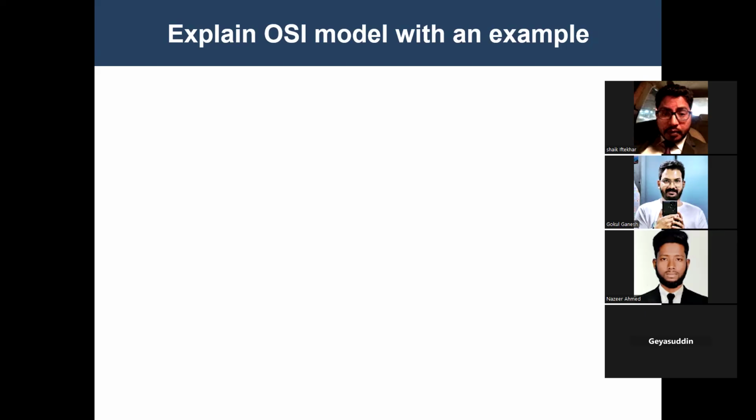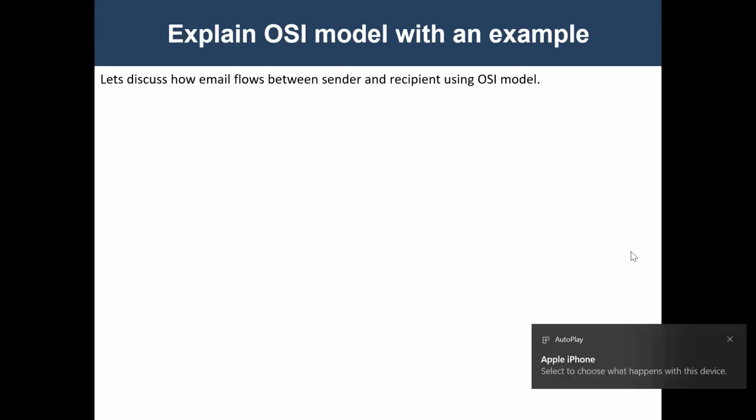All right. As we discussed in the last session about the OSI model, how it works and what the major transactions are that happen over the layers, we took an example of sending an email. We discussed that there are several layers.